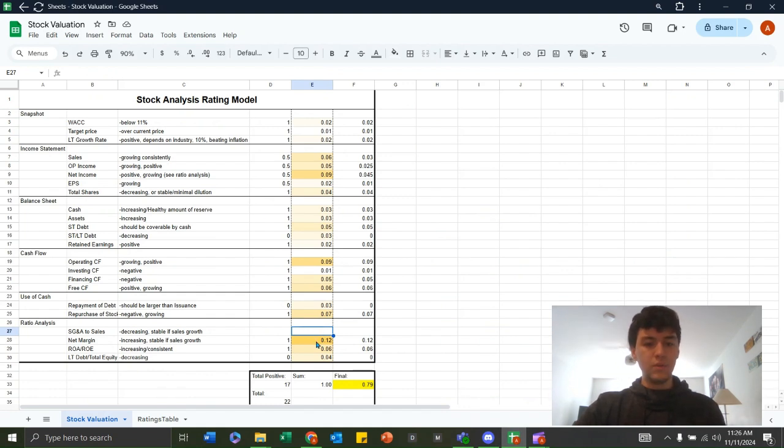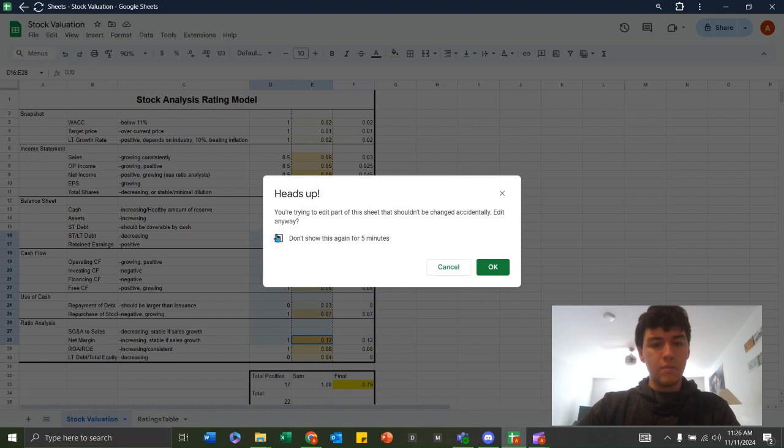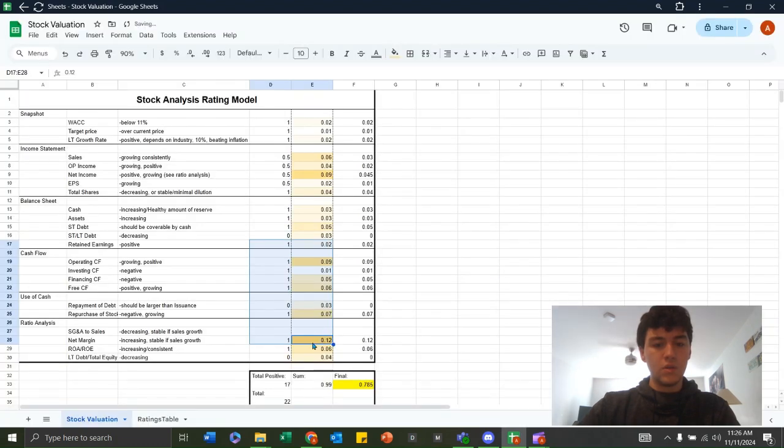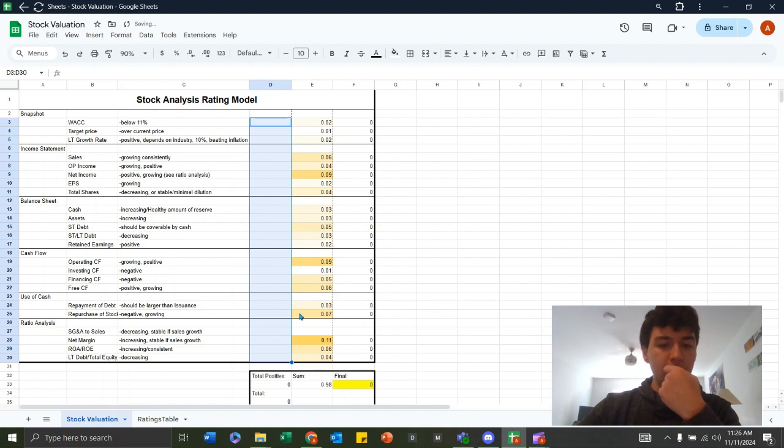And what I'm going to do is pull a few points from other places, like operating income does not need to be 0.05, and net margin I'm going to put probably down to 0.11 now. And we can also just remove this from the last one.